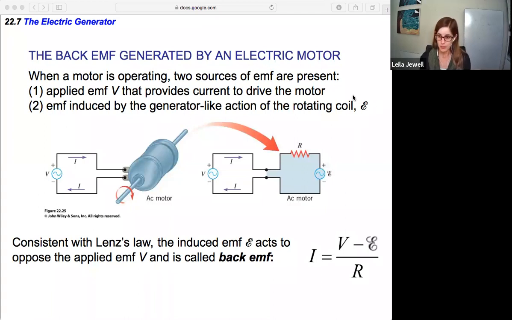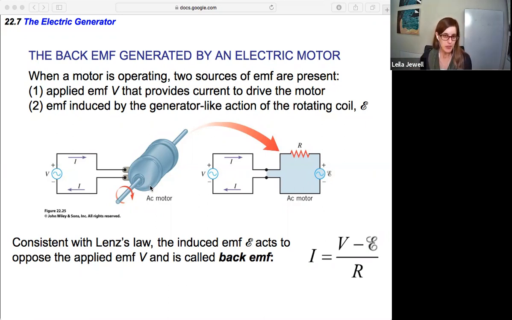And this one we'll note with the EMF symbol. So when we have the applied EMF that powers a motor, that sends a current to get something spinning, it has its normal voltage, right? There's a plus and a negative sign that creates a current, and that can cause the rotation.